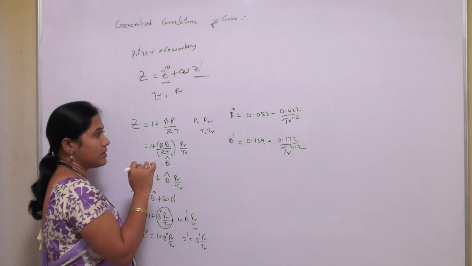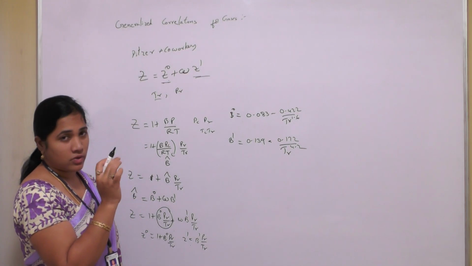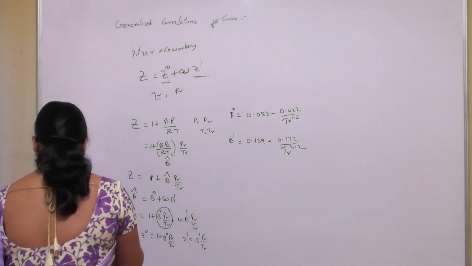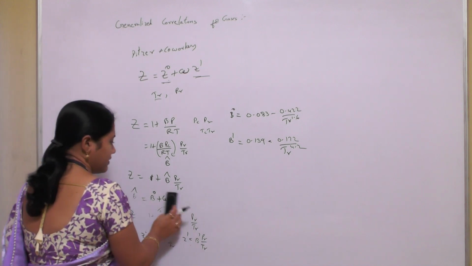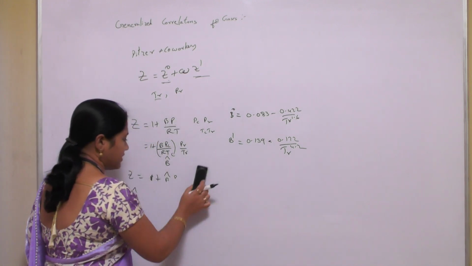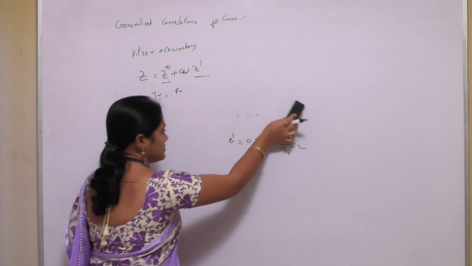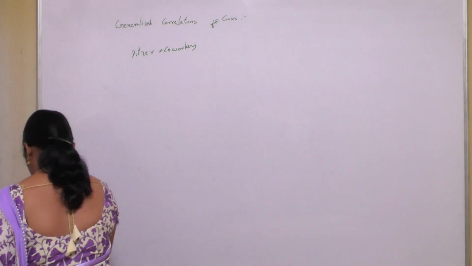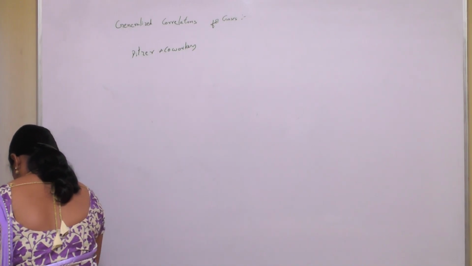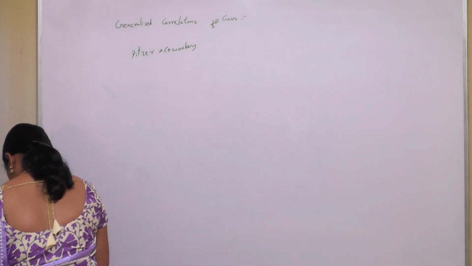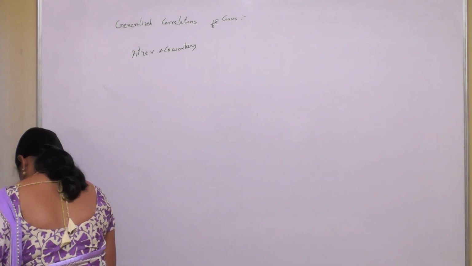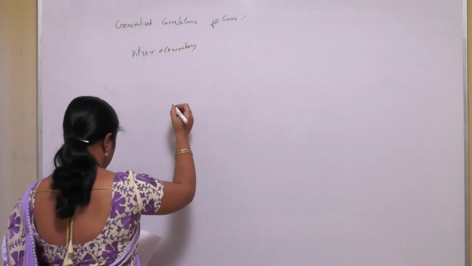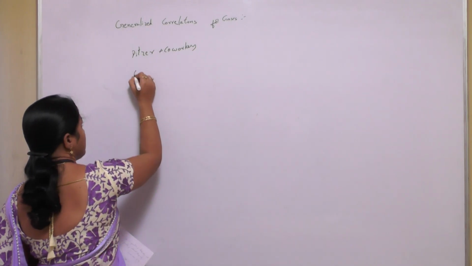So now coming to the generalized correlation based on the third virial coefficient. Now take the three-term virial equation of state, the three-term virial compressibility correlation.